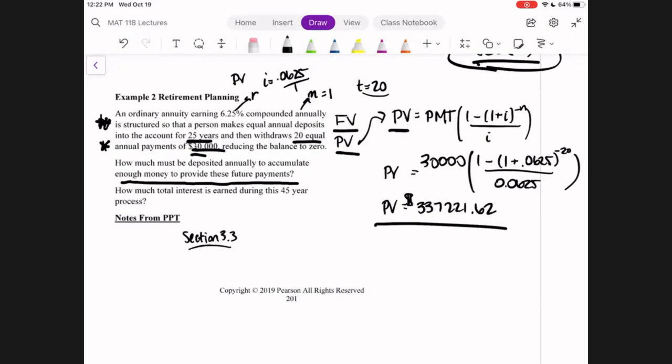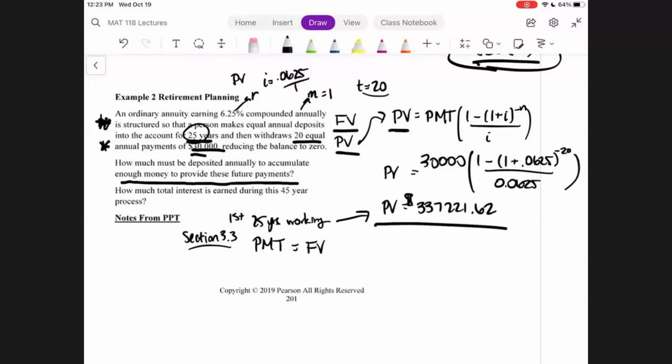So think, I'm trying to figure out what my payment is for the first 25 years working to arrive at an account that has $337,000 in it. So what should I pay? Because that would be future value.